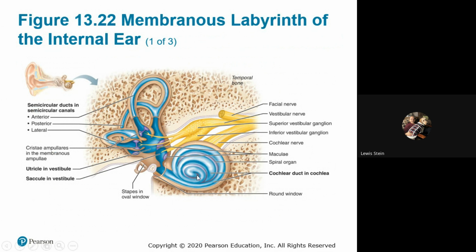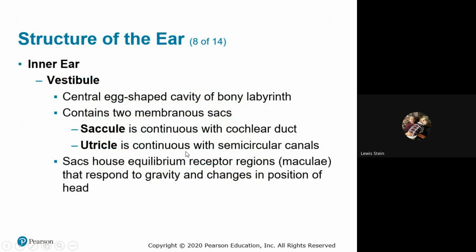On this side, you have the cochlear aspect of it. So this is the entry point. And if you get more into the anatomy, into the vestibule, the utricle is the entryway into the semicircular canals, and the saccule rather, is more of the entryway into the cochlear apparatus. So those are two names you might remember. Utricle for semicircular canals, and saccule for the cochlear apparatus that are there. And there's the saccule and the utricle.